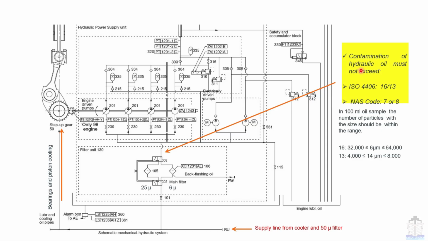Now contamination of hydraulic oil must not exceed, as per ISO 4406, 16 and 13. In a 100 ml oil sample the number of particles with the size should be within the range.